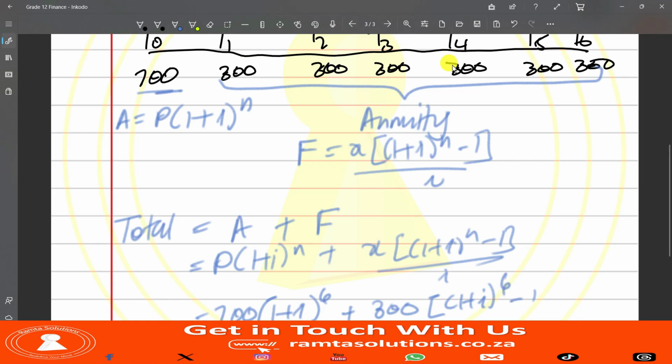Or to make it interesting, let me remove this one here. Imagine if I remove this one. What's going to happen? It's going to be 1, 2, 3, 4. That is an annuity.